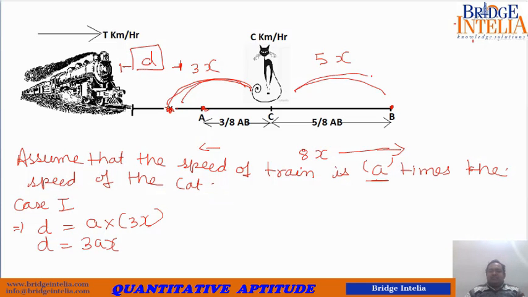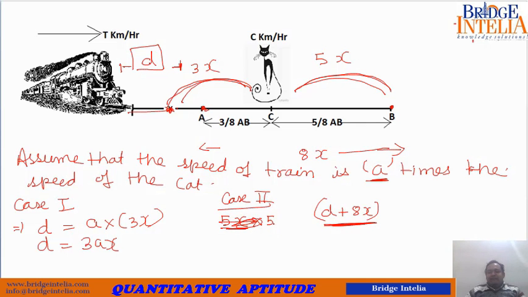Now consider case 2. Case 2 means the cat is trying to exit through the other entrance. So in the time the cat has traveled 5x, the train has traveled D plus 8x, and this D plus 8x should be a times 5x.